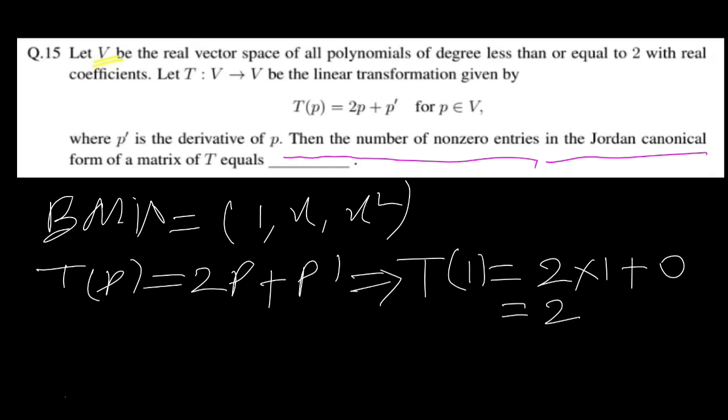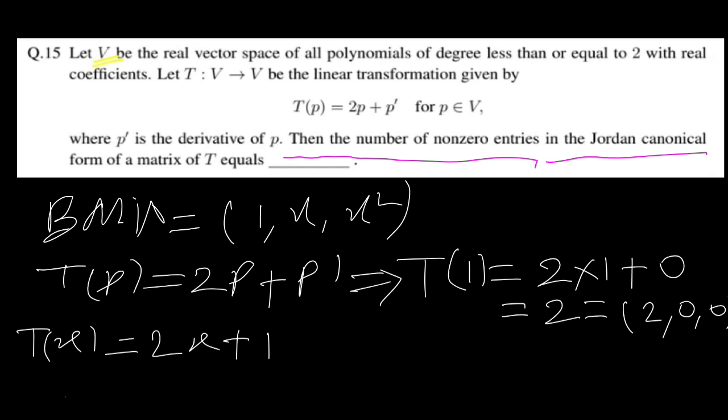Its coordinate is 2, 0, 0 with the help of the standard basis 1, x, x square. Then find Tx, which is 2x plus the differentiation of x, which is 1. Its coordinates for the matrix representation should be 1, 2 and 0.